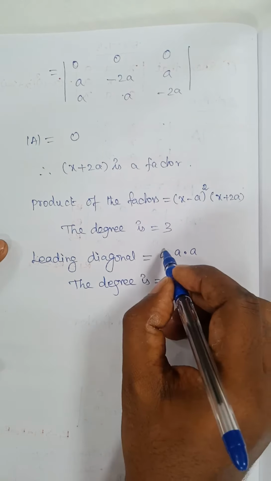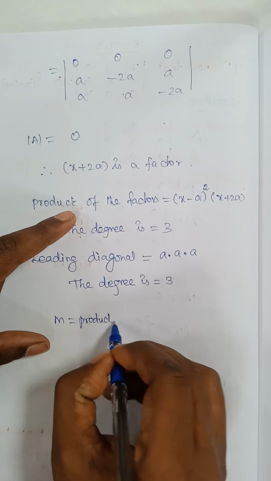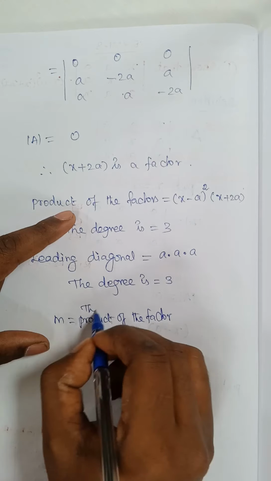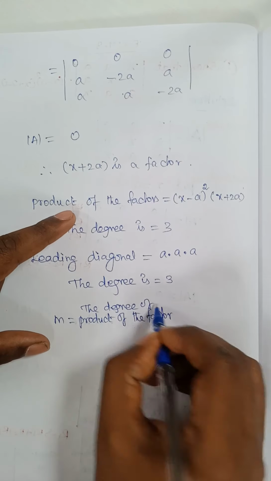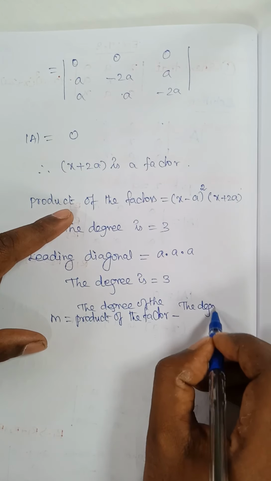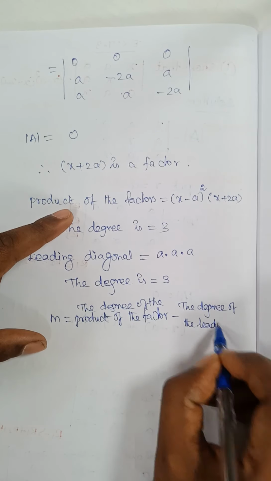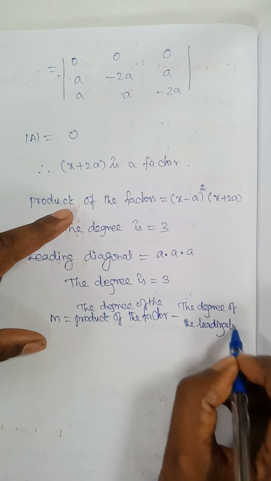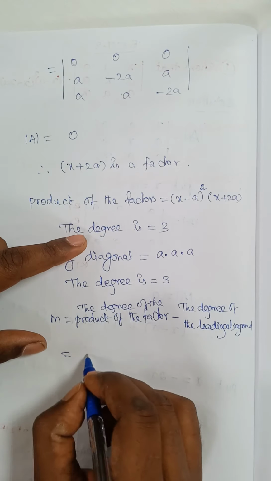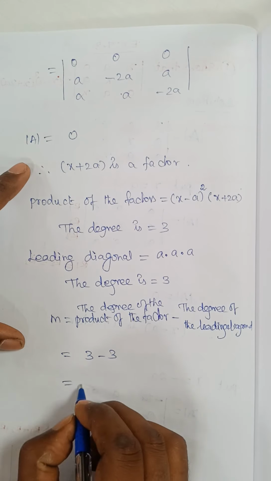So m is equal to the degree of the product of the factors minus the degree of the leading diagonal. That is 3 minus 3, which is 0.